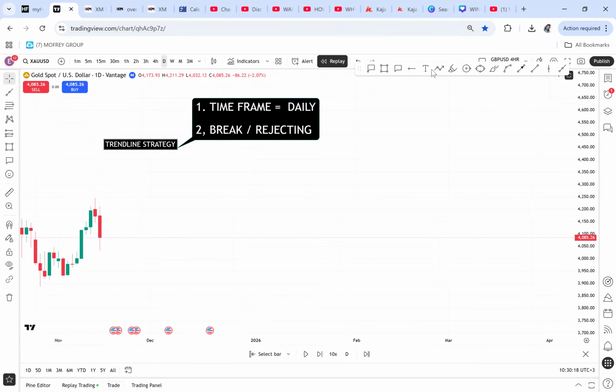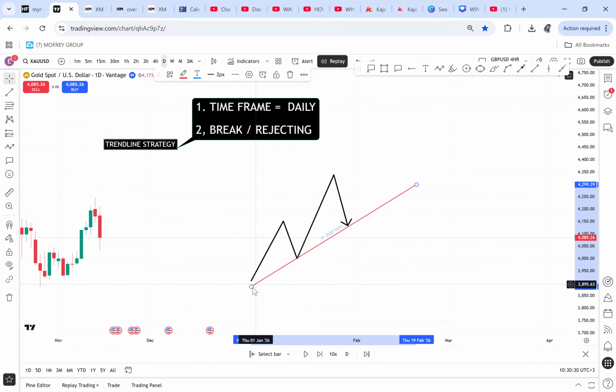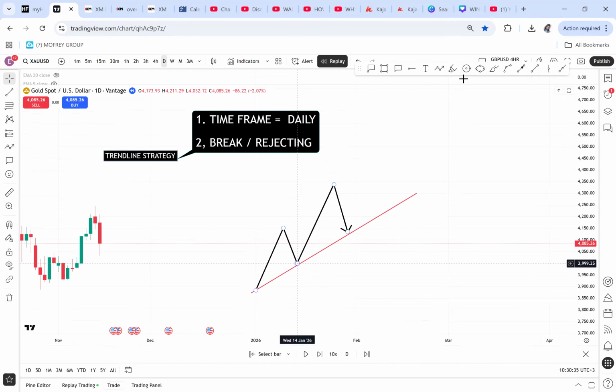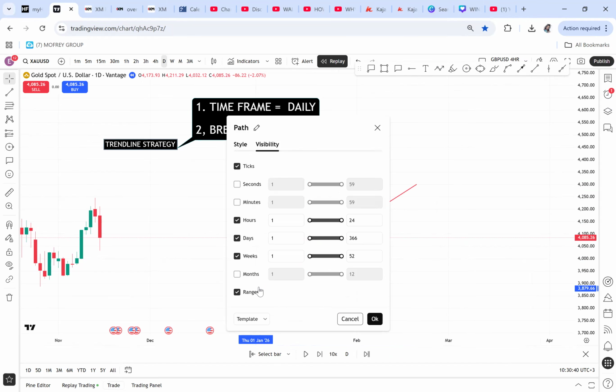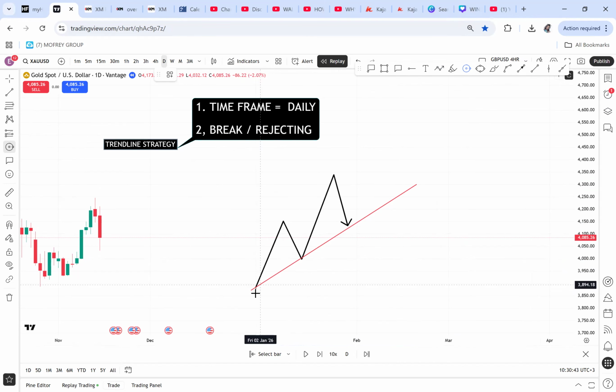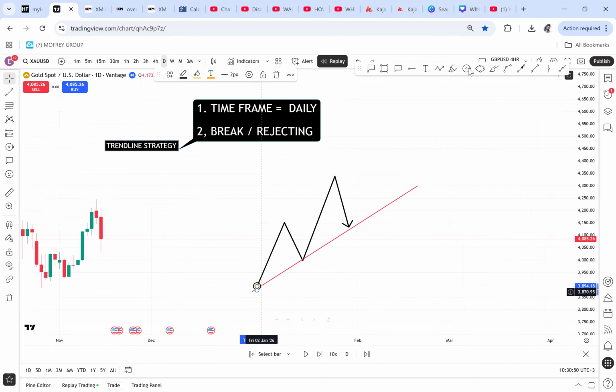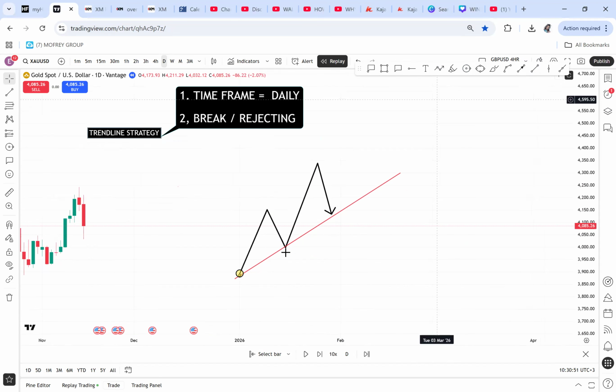So it's either you want to trade the break or the rejection. What do I mean? If this is your market and I have my trend line here, let's say this is my trend line, and it has touched 3 times. So it has the first touch, the second touch.